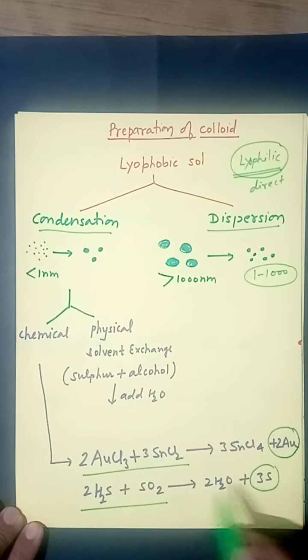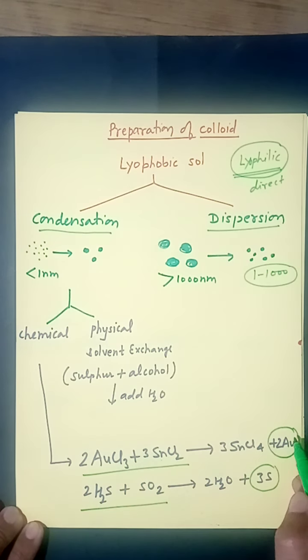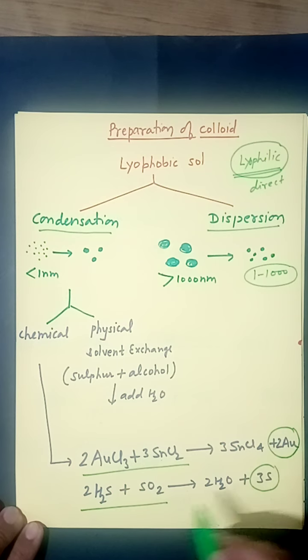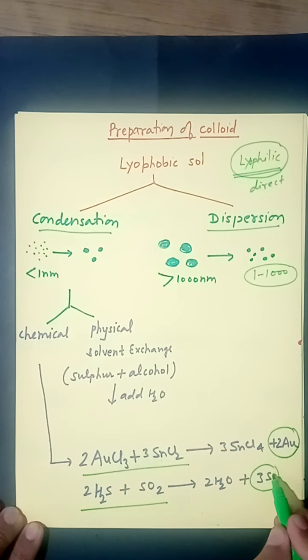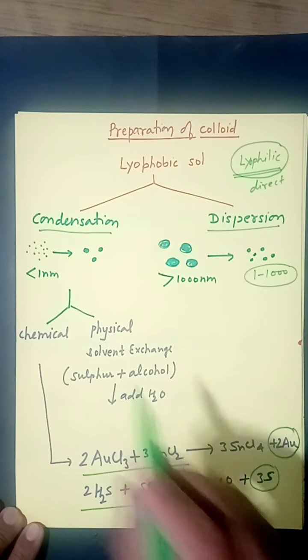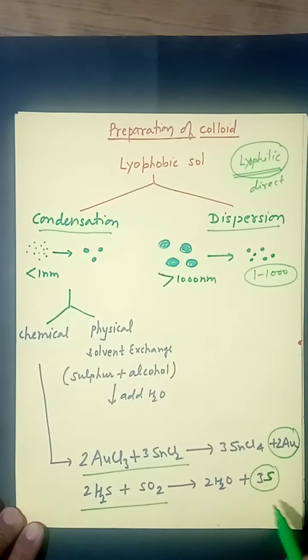Then you need to write these chemical reactions. This chemical reaction leads to formation of gold particles. This chemical reaction involves formation of sulfur particles. Gold particles associate and convert into colloidal particles. Here also sulfur particles aggregate like this and convert finally into a colloidal sol of sulfur.